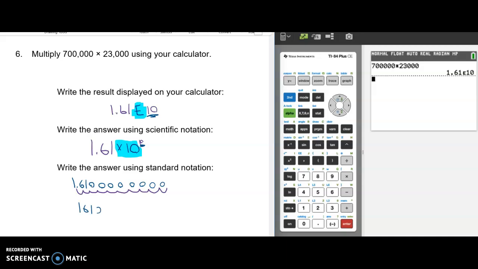There's 8 zeros. 2, 3, 4, 5, 6, 7, 8. That's my number, but remember between every 3 place values for integers, we are putting commas. So there you have it. 16,100,000,000 is what we come up with.